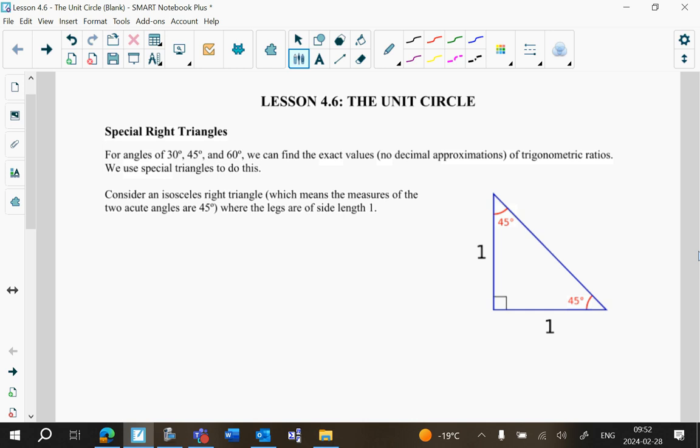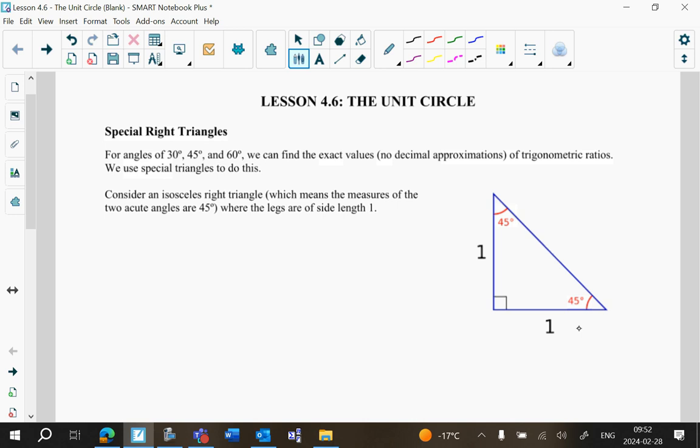Well, if this is 90, these two must add up to 90 because all three must add up to 180, so each one must be 45. This is what a right triangle with 45-degree acute angles looks like. Just for ease, I'm going to call the legs 1 and 1, because these two angles are the same.